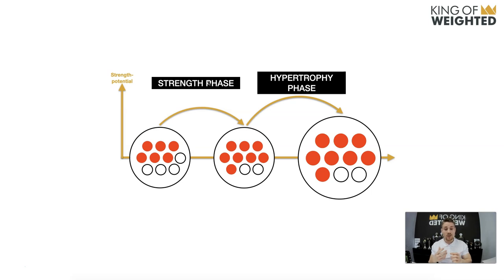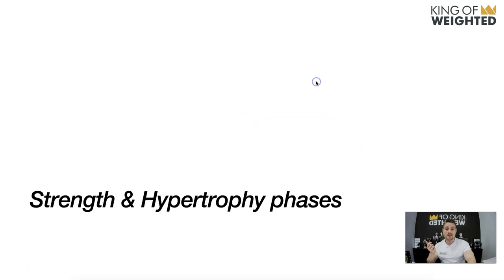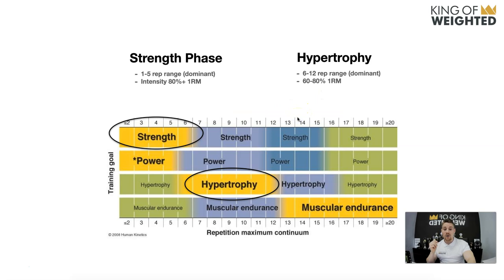And with that video, I just want to make clear that these two things are really connected to each other, and you can't separate strength and hypertrophy from each other. And that hopefully now is getting more clear what is actually the idea behind the strength phase and what is actually the idea behind the hypertrophy phase. And yeah, let's now take a look at how we set those up.